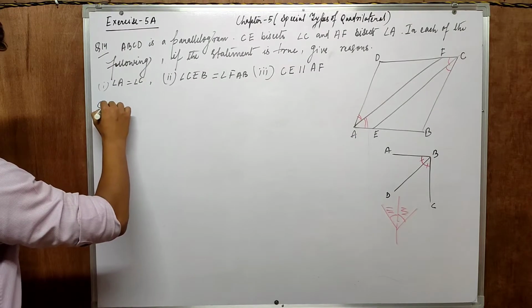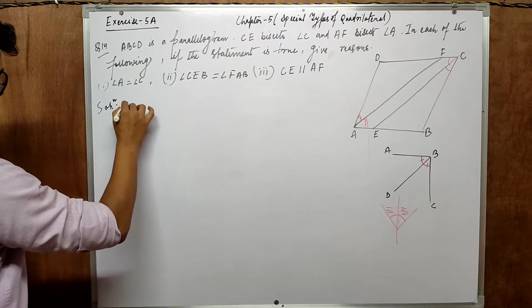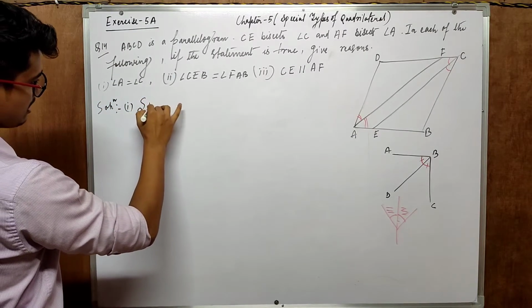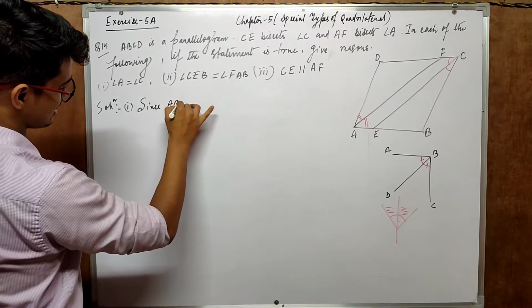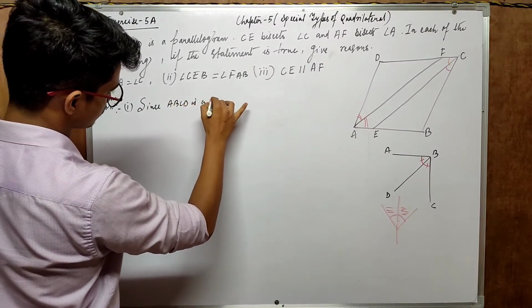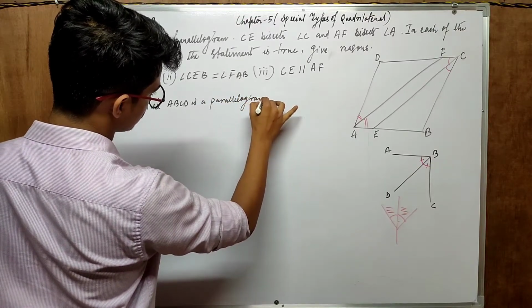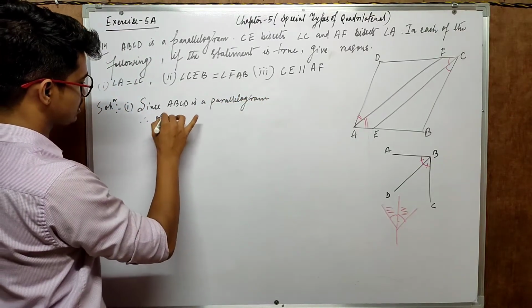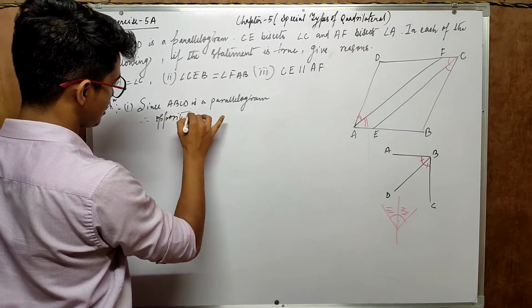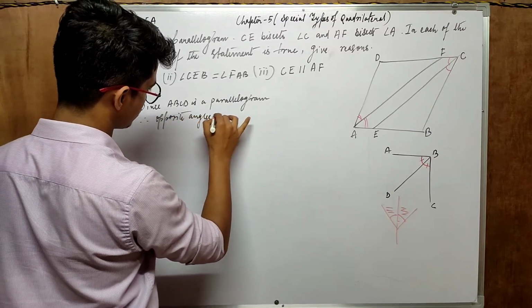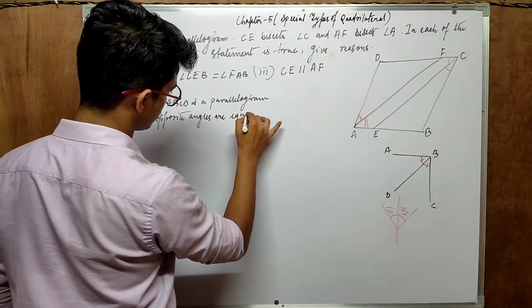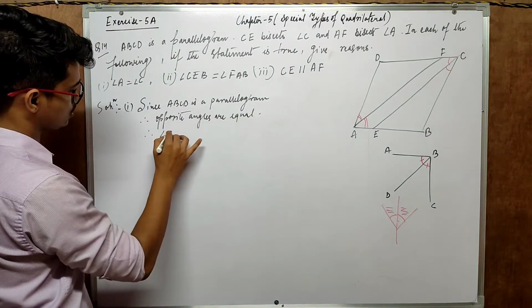So the first solution: since ABCD is a parallelogram, therefore opposite angles are equal. Therefore angle A equal to angle C.